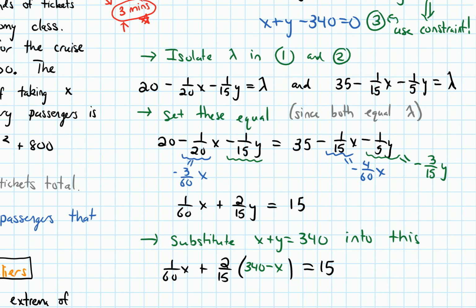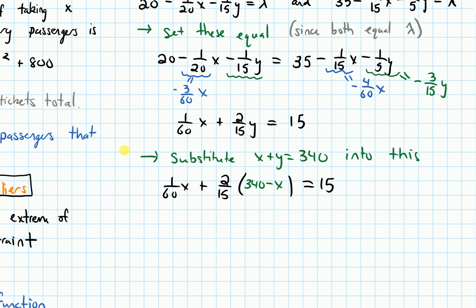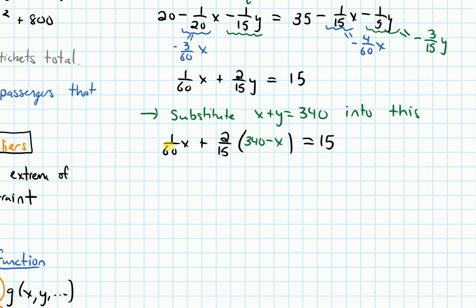All right, so I am down to one variable, so hopefully I'm going to be able to solve this. Okay, so looking at this equation, one thing that I notice is going to make it a little bit easier to solve is if I get rid of all the denominators. And I could do that if I were to multiply both sides by 60. So if I multiply this by 60 and the other side by 60, it's going to cancel out the denominators.